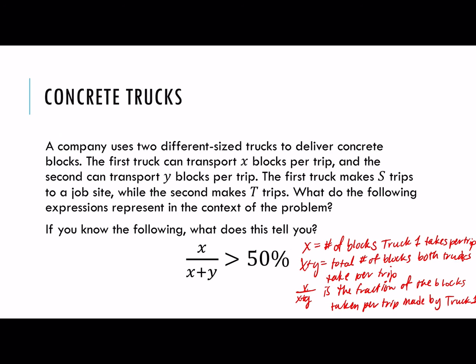Okay, so truck 1 takes some, and then both trucks take some, and so that first trip by truck 1 is a fraction amount of all of the blocks that it took per trip. Now, if this is greater than 50%, it means that is the percent of blocks taken by truck 1. And if it's greater than that, then that means truck 1 takes more than half the total blocks each trip.